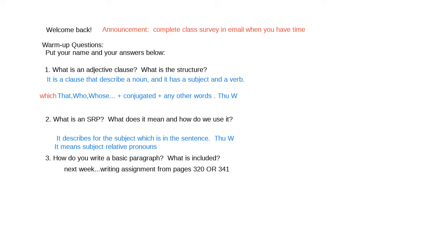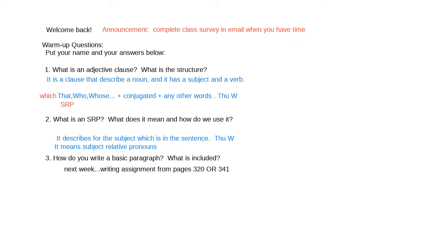That, who, whose, and which? Subject relative pronouns. Yeah, there you go. SRP, a subject relative pronoun. So good. You can choose either of these, but they're all going to be subject relative pronouns.